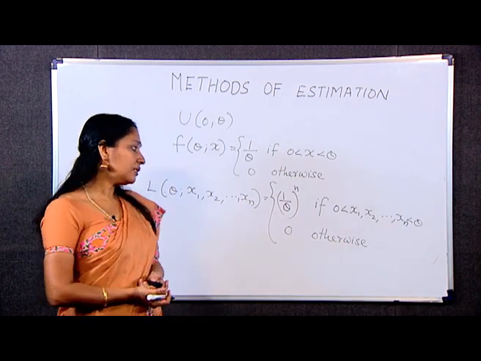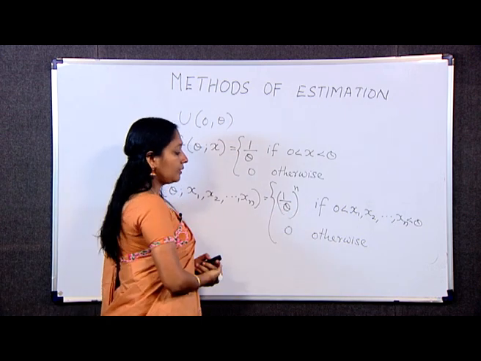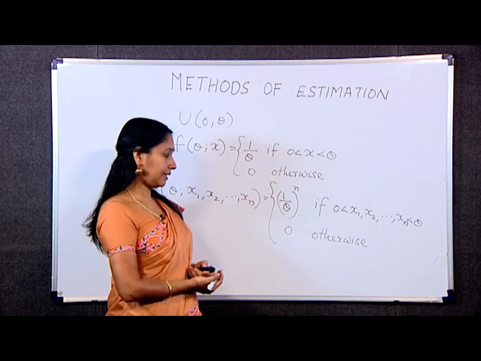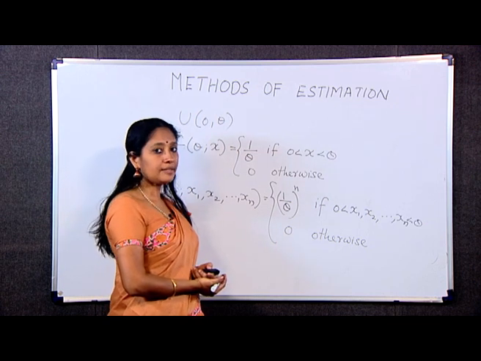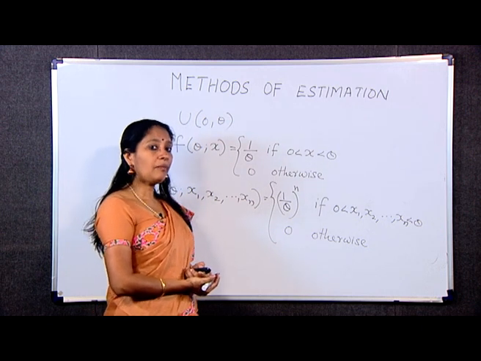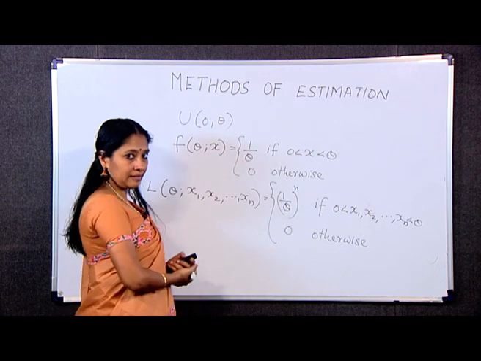The likelihood function is 1 by theta raised to n if 0 less than x1, x2, ..., xn less than theta, and 0 otherwise. Now, you have to maximize the likelihood function with respect to theta.